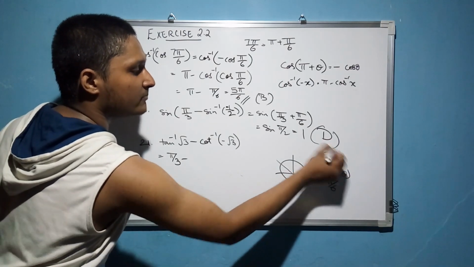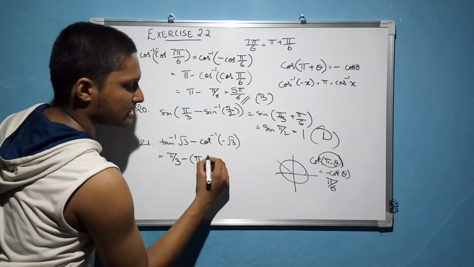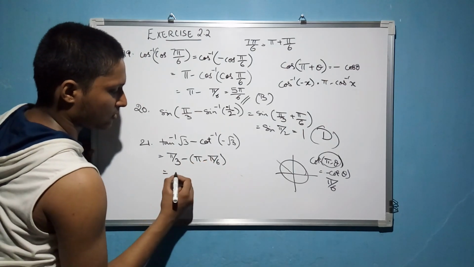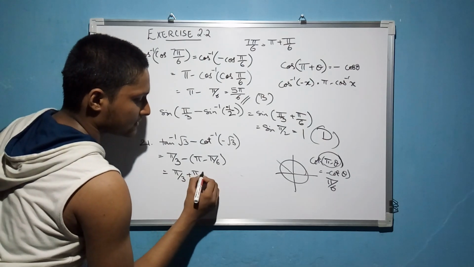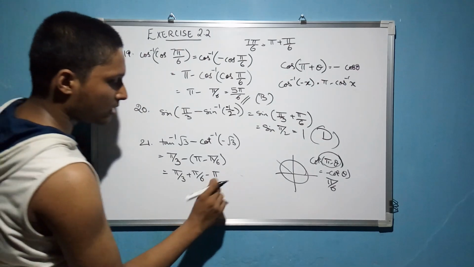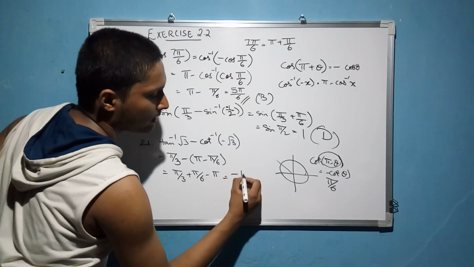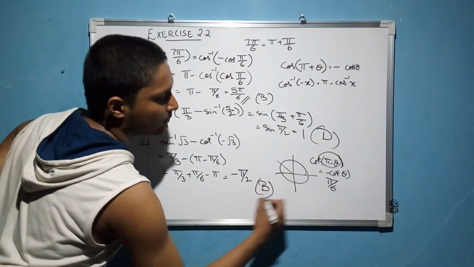So this comes to be pi minus pi by 6. What is going to be pi by 3 plus pi by 6 minus pi? Pi by 3 plus pi by 6 is pi by 2. Pi by 2 minus pi comes to be minus pi by 2. Minus pi by 2 lands with the option B.